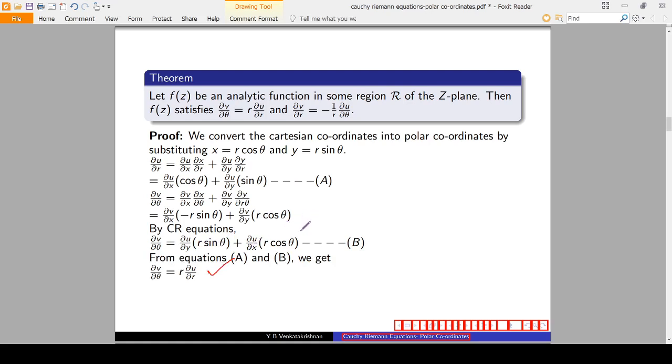Dou v by dou theta is equal to r into dou u by dou r. And of course, as you remember the CR equations in Cartesian form, you should also remember the CR equations in polar form, namely, dou v by dou theta is equal to r into dou u by dou r.